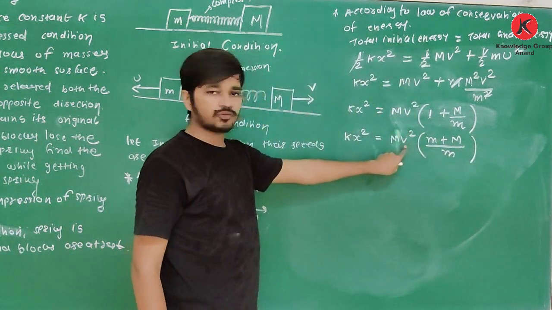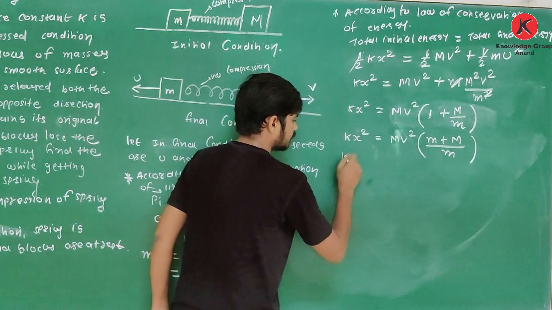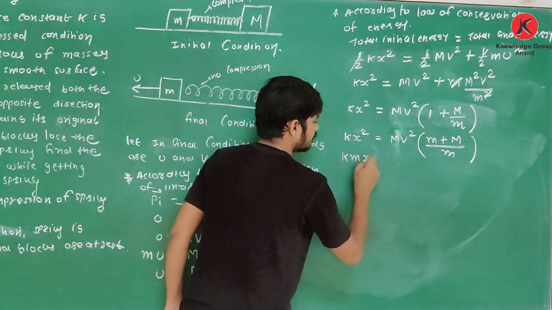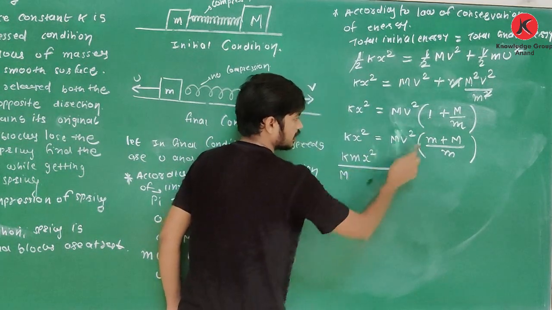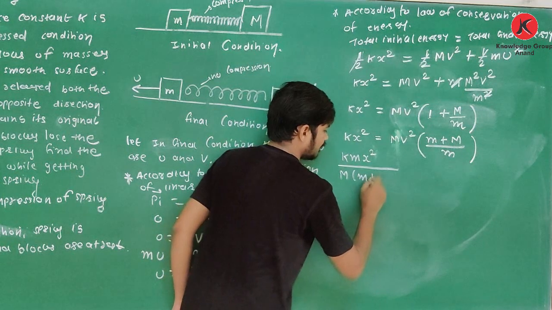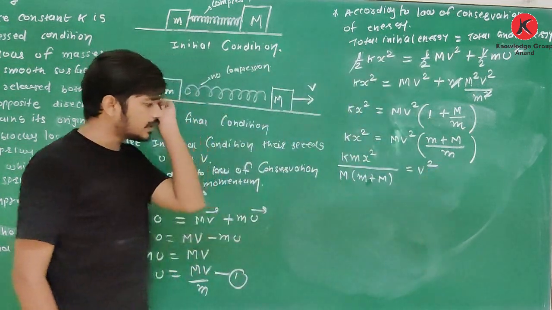Now I will make this v square the subject. Then this M will come in the numerator, that is kmx square, divided by capital M in the denominator, and here it is small m plus capital M, is equal to v square. Clear about this?